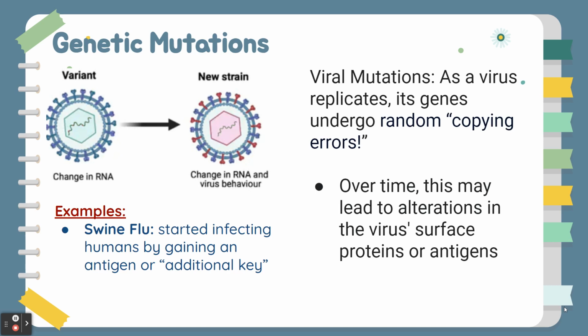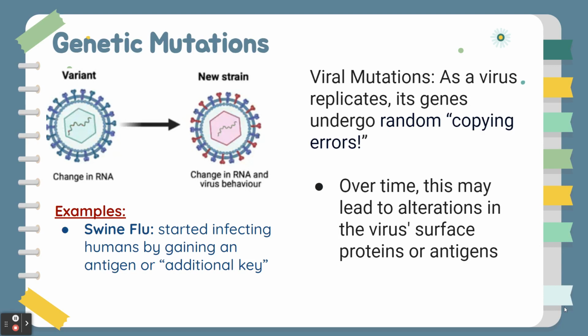One significant consequence of viral mutations is the potential for changes in viral antigens. Remember, antigens trigger the immune response in the host, and when a virus mutates, it might alter the structure of its antigens, making it more challenging for the host's immune system to recognize and fight the virus. One example of how viral mutations can impact human health is swine flu, H1N1 influenza.